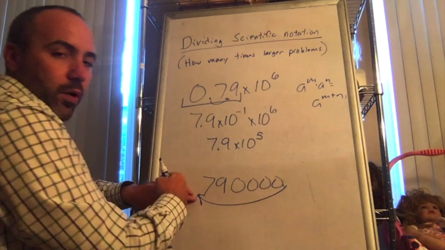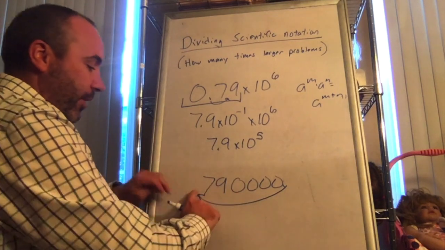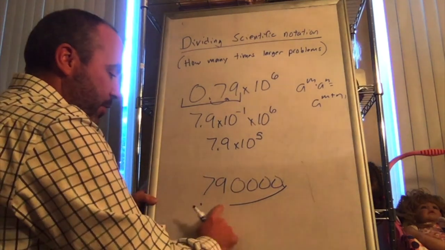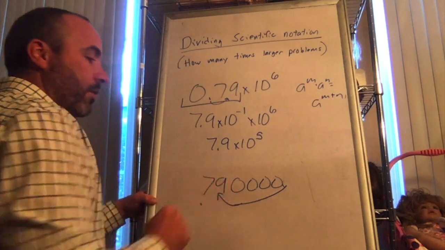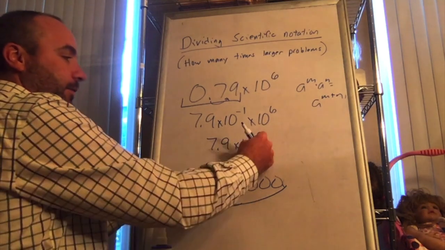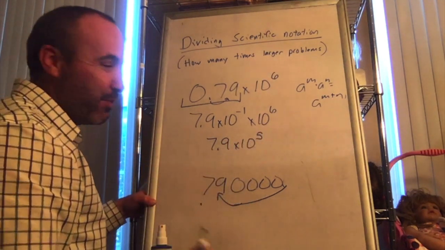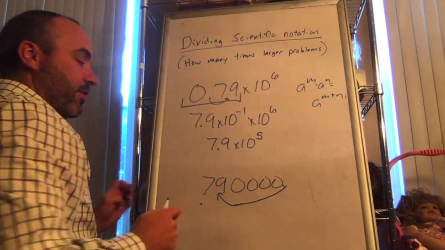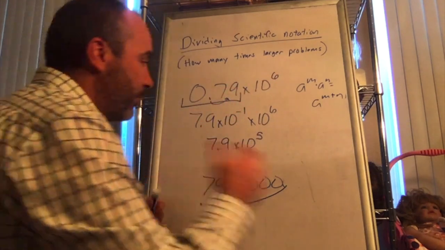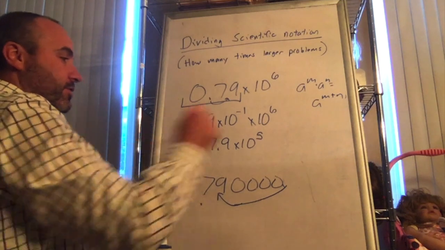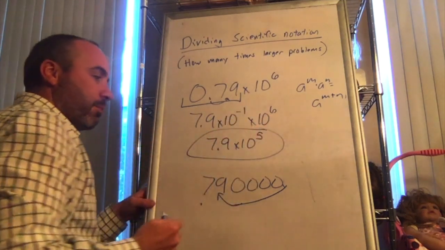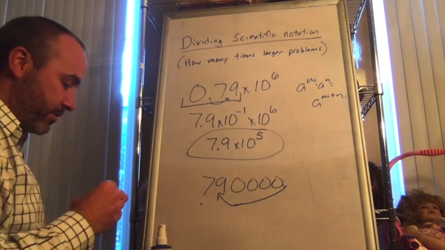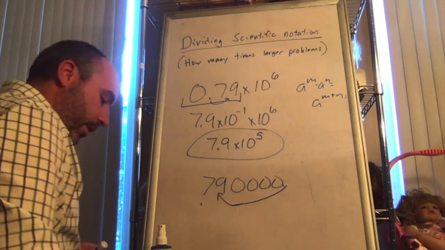But that was one spot too many. All right, so I can say, well, I went 6 spots, but I really wanted to cut it down one more. So that's how I can figure out that it's times 10 to the 5th power instead of 6, because that number was not between 1 and 10. Either way, this is going to be our final answer, 7.9 times 10 to the 5th times as large.